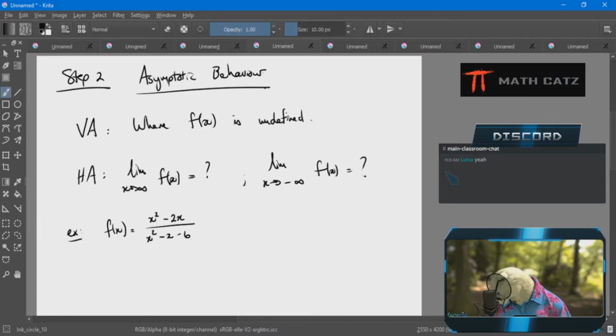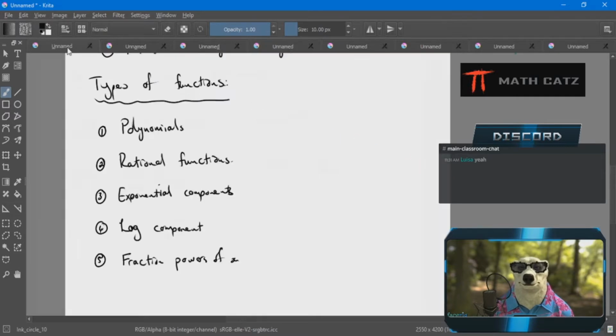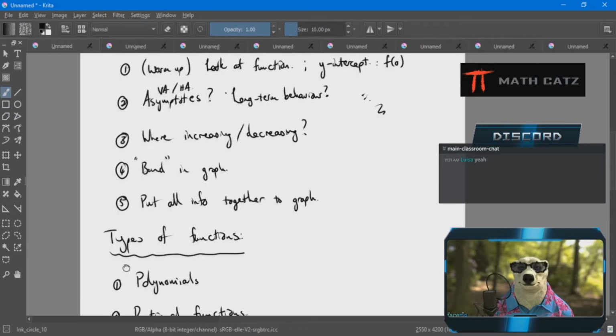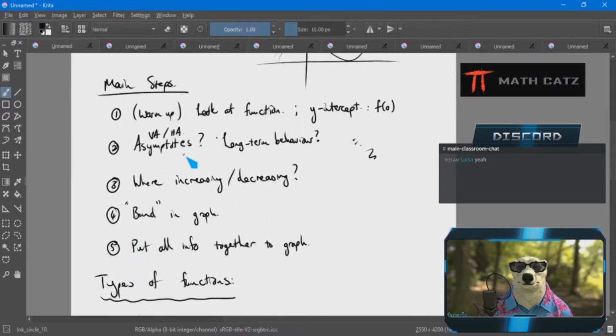Yesterday we ended with the beginning of step 2. I'll remind you what the steps are. Here we are breaking it up into 5 steps because I have 5 fingers and I can remember 5 things, not too overwhelming.